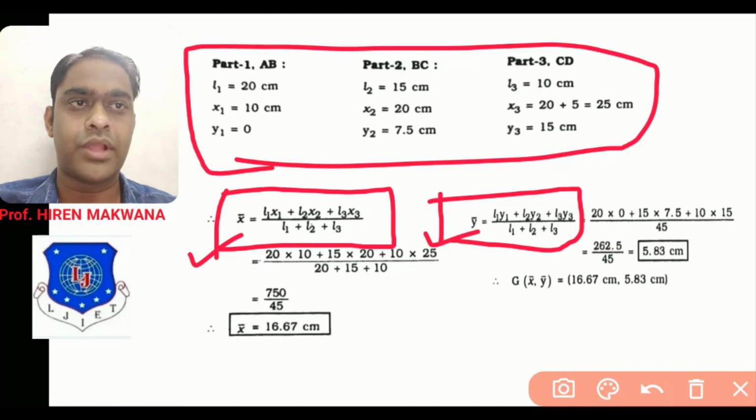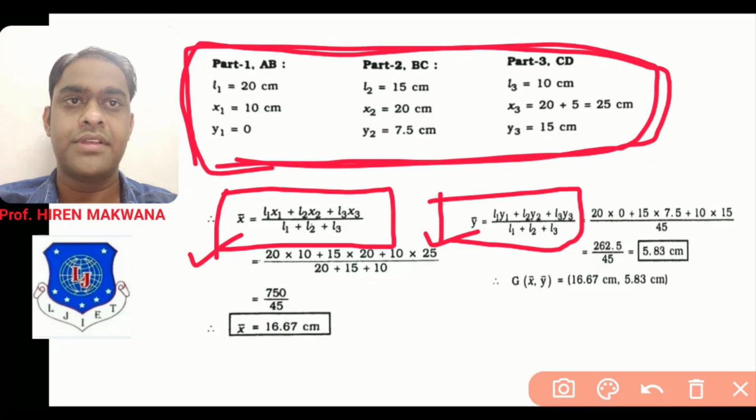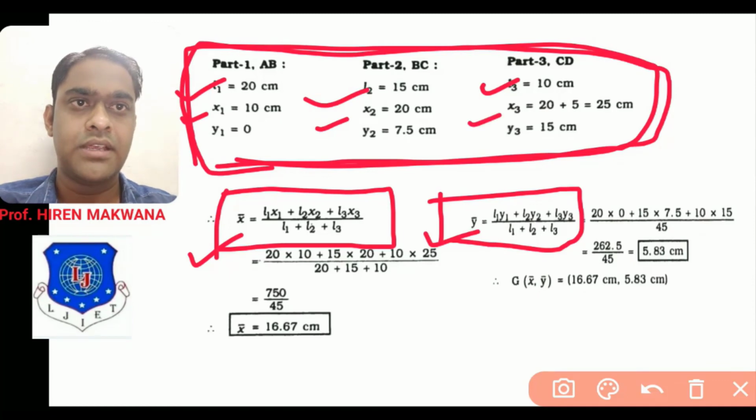Similarly, y bar equal to L1 y1 plus L2 y2 plus L3 y3 upon L1 plus L2 plus L3. Where are these values? All these values are in this box itself.